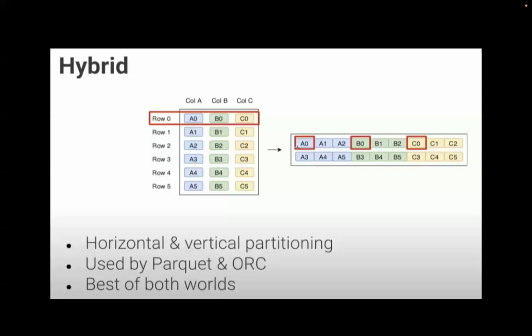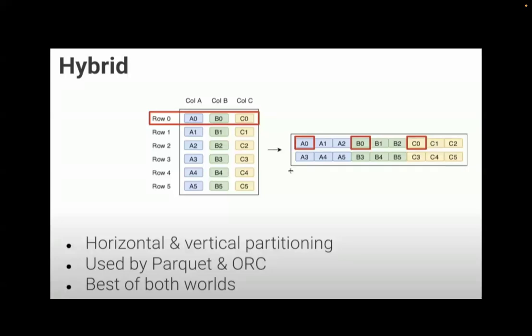Let's say here, if you see, A0 to C2 is a row group. Within this row group, it is going to store column level data. So it is going to look at A0, A1, A2, B0, B1, B2, C0, C1, C2 as in this example. And this is completely decided by the file format itself in the backend.